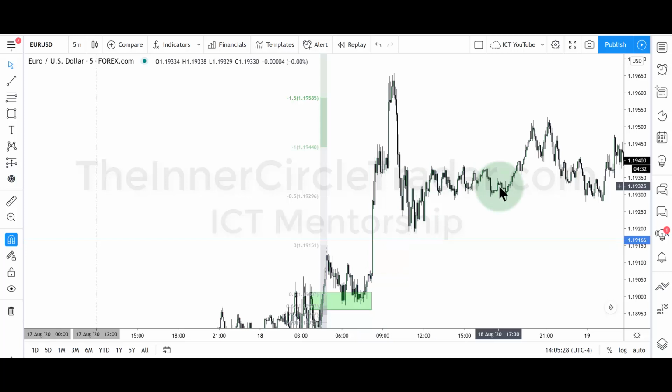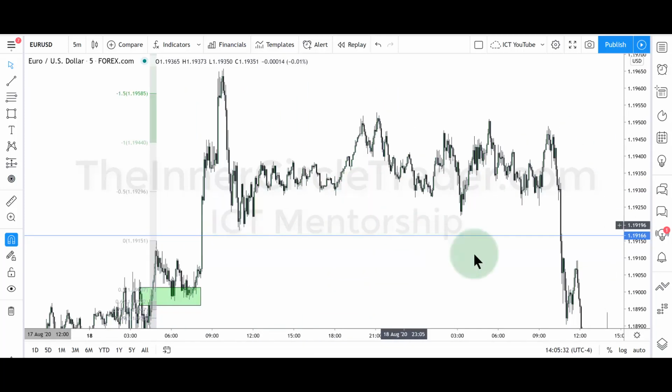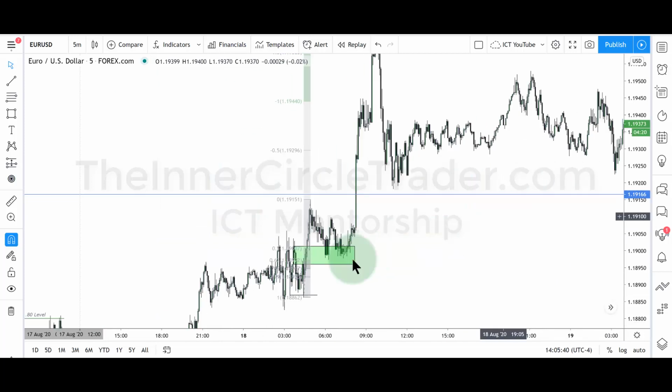Then we enter into that consolidation phase between the premium end of the fair value gap and the rejection block on the daily chart for euro, and then we finally collapse. So this price run in here is all breaker based, okay?